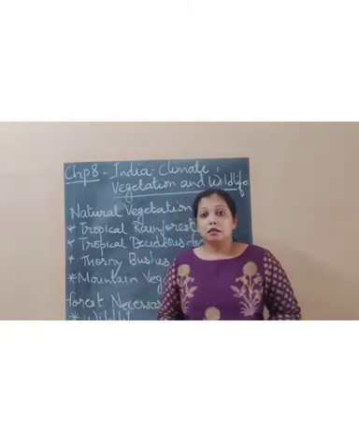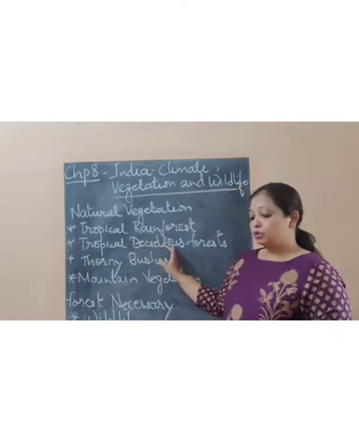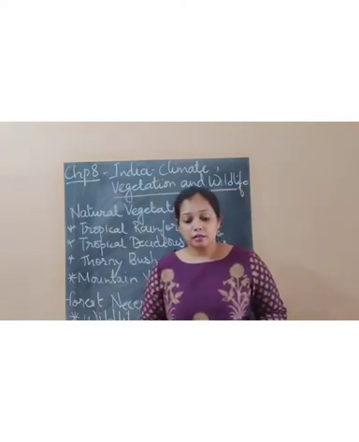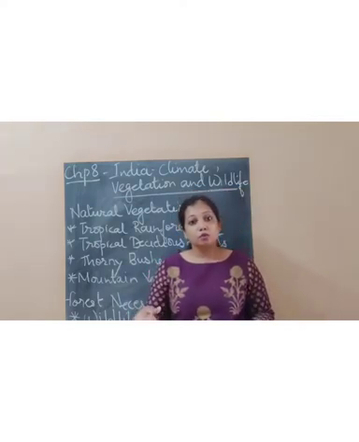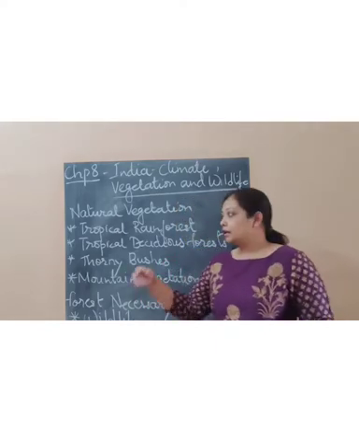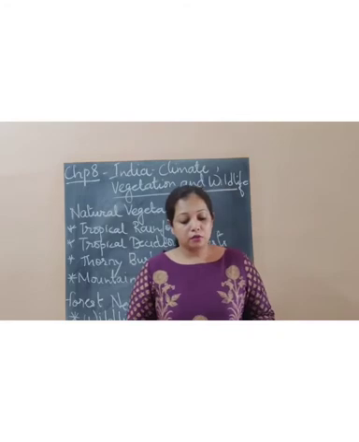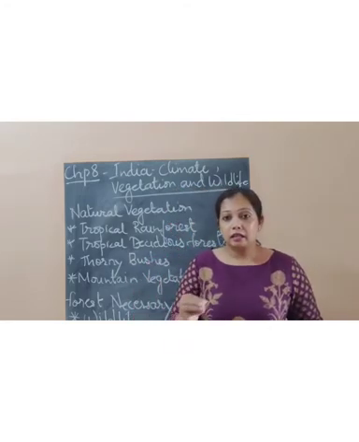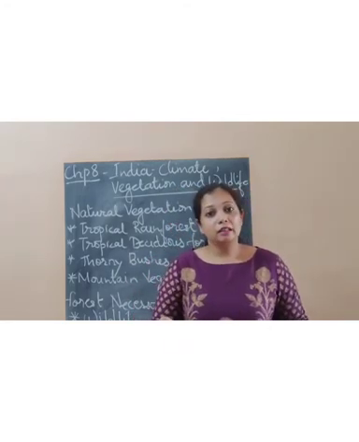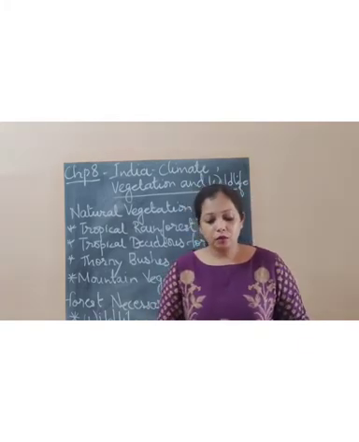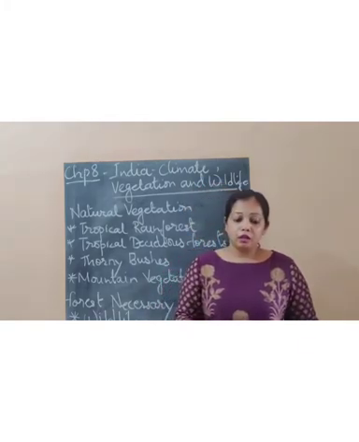Then the next is the tropical deciduous forest. This type of forest is also called the monsoon forest. You can say tropical deciduous forest or monsoon forest. These are less dense and they shed their leaves in a particular season, the dry season, at a particular time of the year.